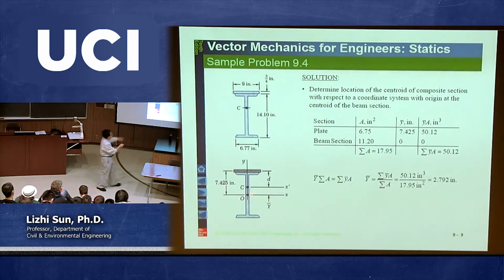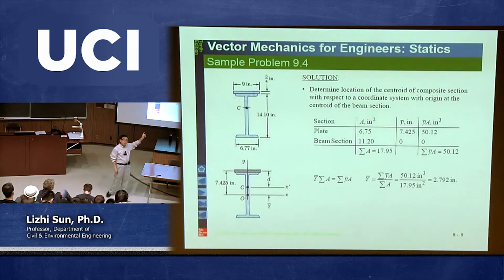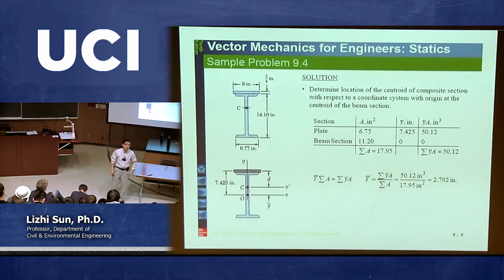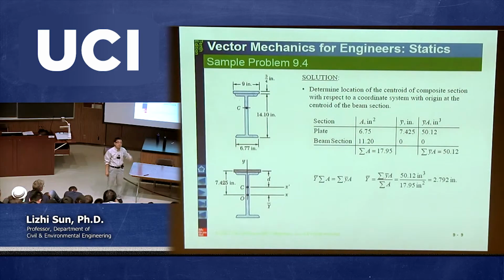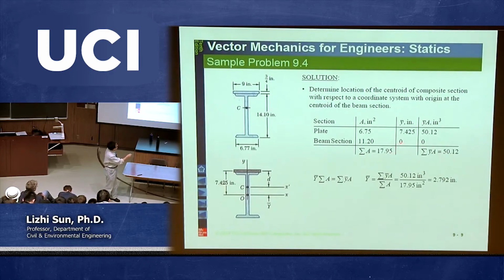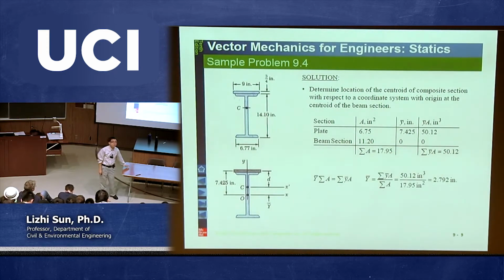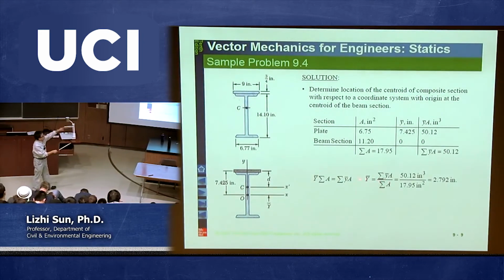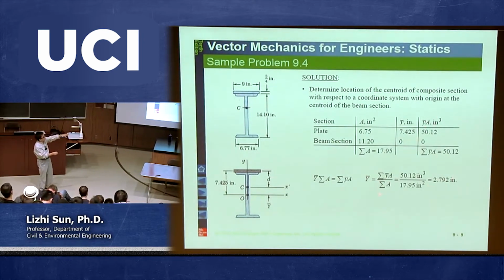Then let me ask you, this point O is the centroid for the W14 by 38. If this origin is also the central point, then what is the local x bar? What is the local y bar for that second structure? That's 0, 0. So that's why this is equal to 0. Any other questions? Okay. So finally, we get this y bar calculated this way.